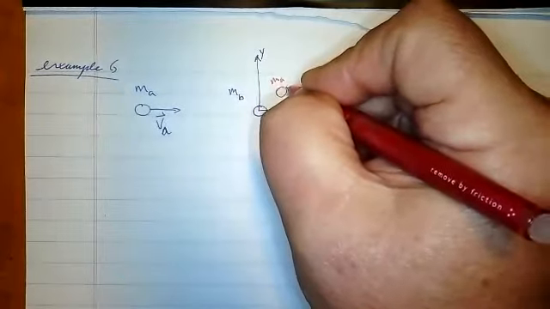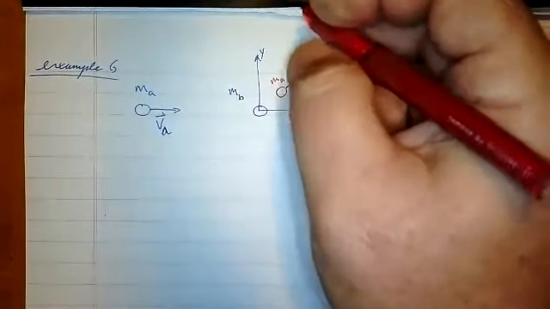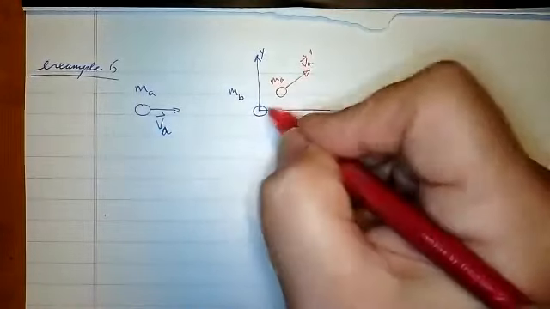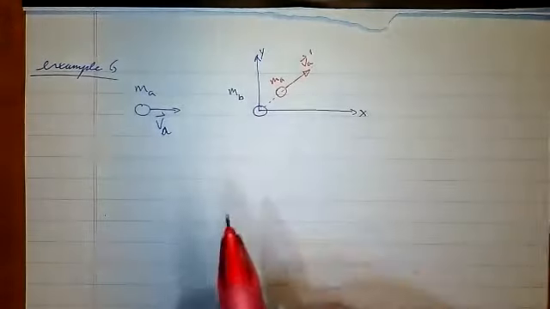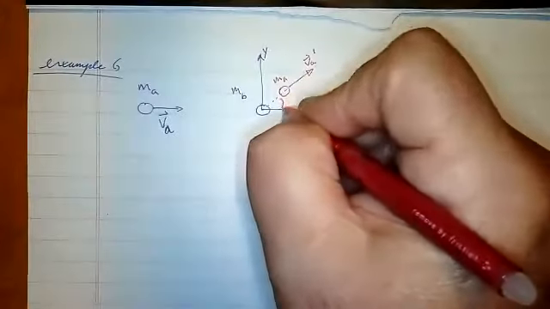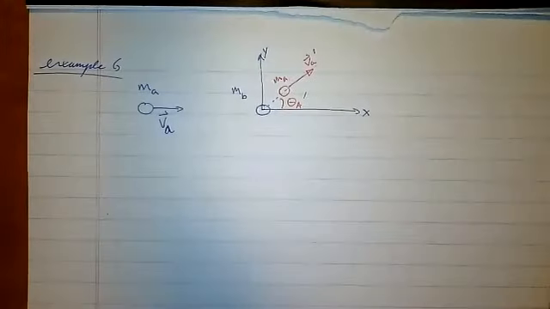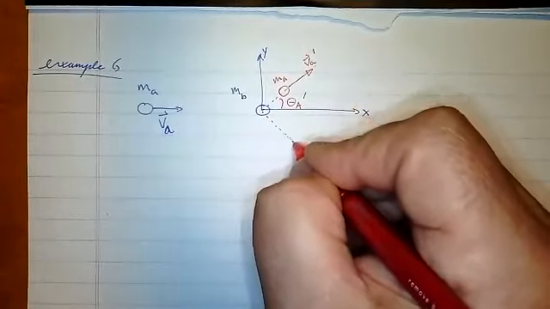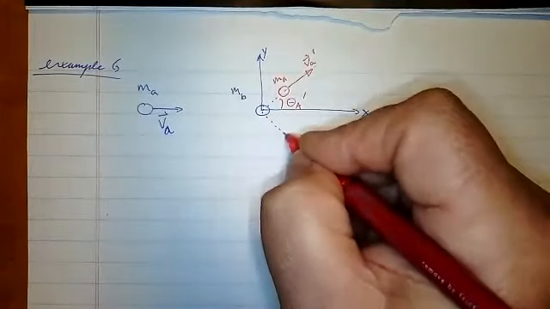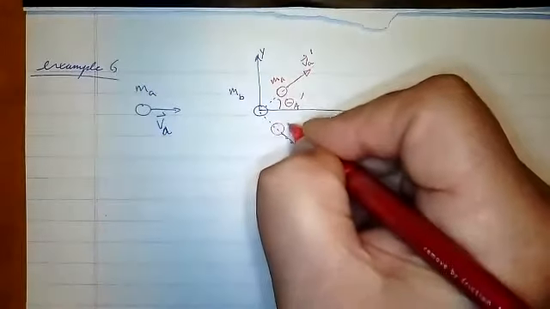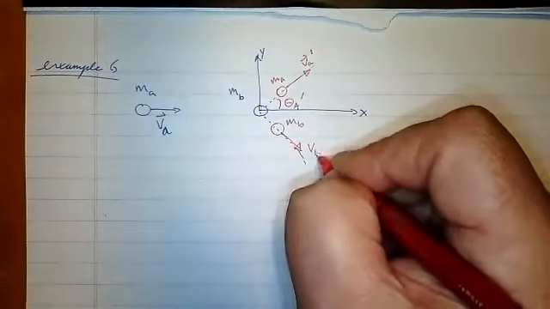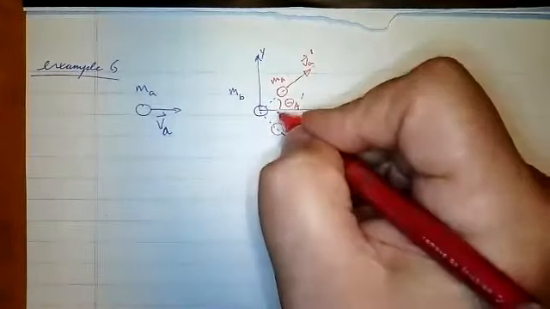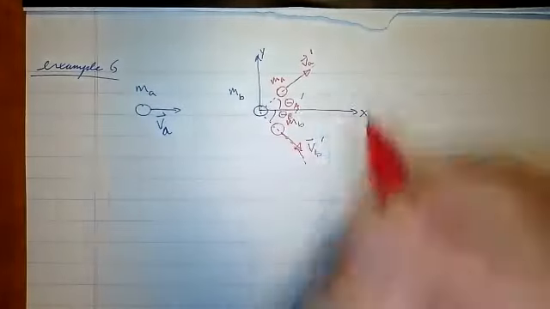m sub a to fly off at this velocity, which I'm going to call v sub a prime, along there, and of course that's theta a prime. Then mass m sub b is going to fly off maybe this way, with velocity v sub b prime, and this would be theta b prime.